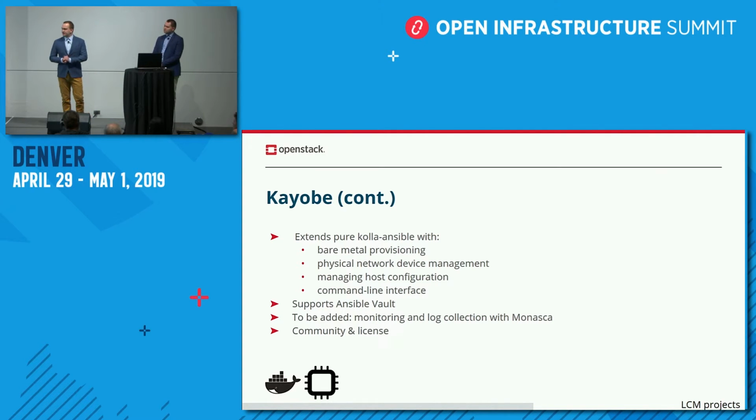What else? The KOB community actively develops and upstreams changes to related projects. It is not an official OpenStack Foundation project yet, but it's in the process of becoming one, so I would not worry about it. And it comes under the Apache 2 license.